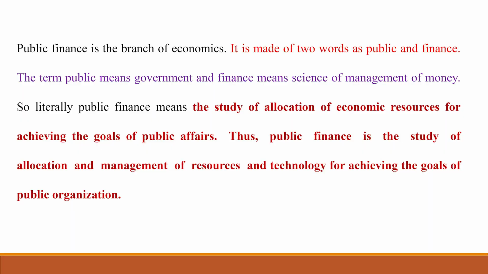You see the slide where we have the meaning of public finance. Public finance is the study of allocation of economic resources for achieving the goals of public affairs. Thus, public finance is the study of allocation and management of resources and technology for achieving the goals of public organization.